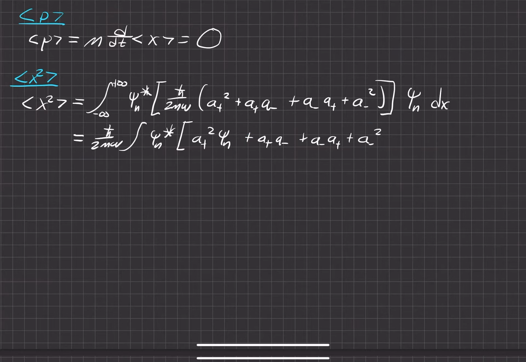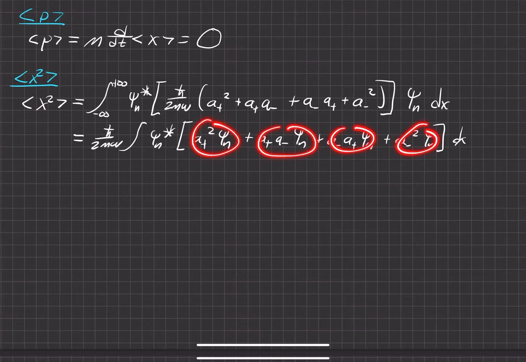We'll just go ahead and throw the wave function in here, in brackets, over all space. Now, as you can see, we need to evaluate these linear combinations right here.